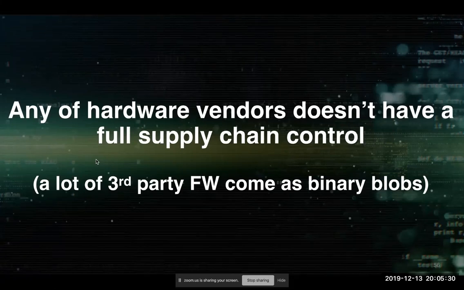And I will remind you one more time, no hardware vendor actually exists which has full control of the supply chain, which raises very serious concerns about supply chain problems.